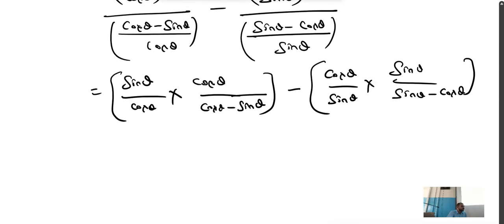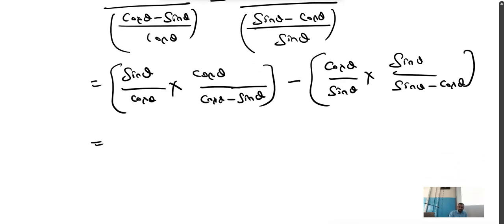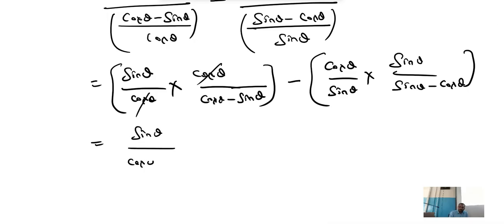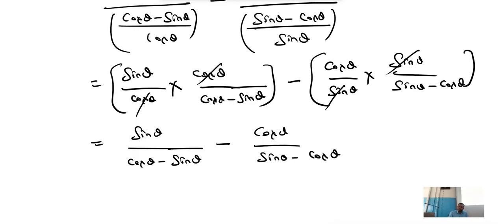I told you to change. Cos theta gets cancelled. Left out is sin theta by cos theta minus sin theta, minus, sin gets cancelled, cos theta by sin theta minus cos theta. Did you understand? What is the denominator?